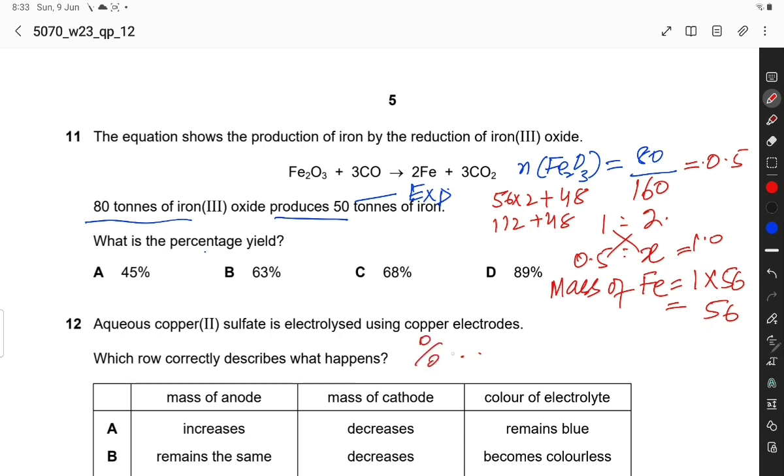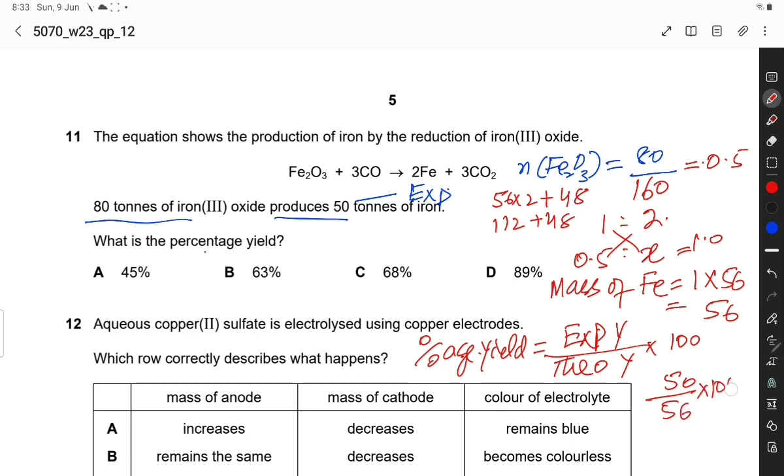So percentage yield is equal to experimental yield over theoretical yield into 100. So 50 divided by 56 ton into 100.